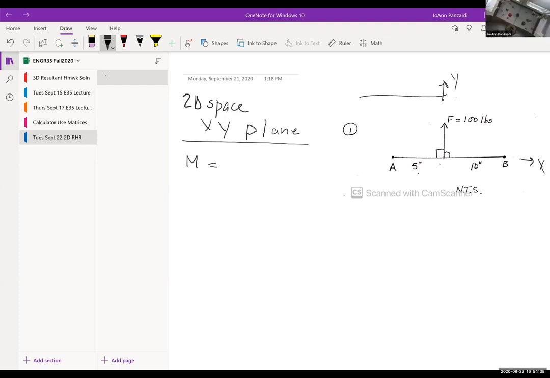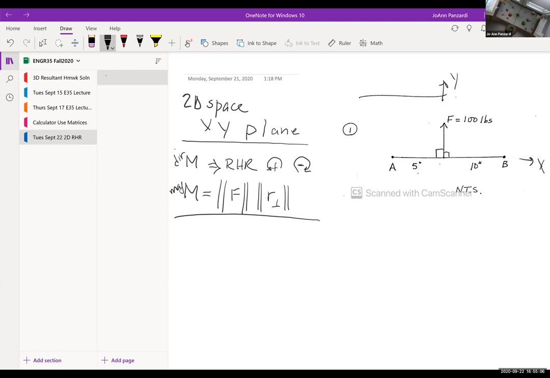The moment uses the right-hand rule. I calculate the magnitude as the absolute value of the force times the absolute value of the perpendicular distance. Then I determine my direction, either positive or negative, using the right-hand rule. So the magnitude I do this way, and the direction I do this way. What we want to do is find the moment about point A due to this force.